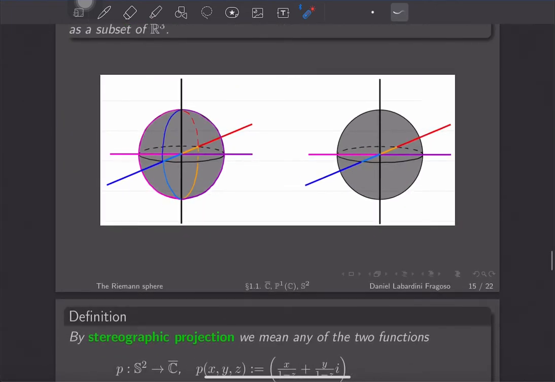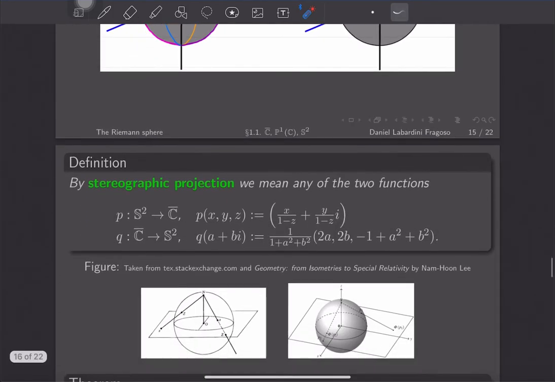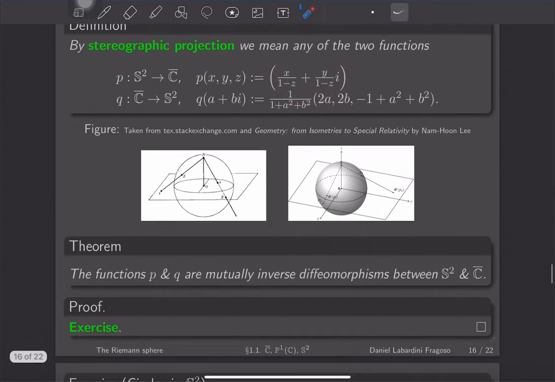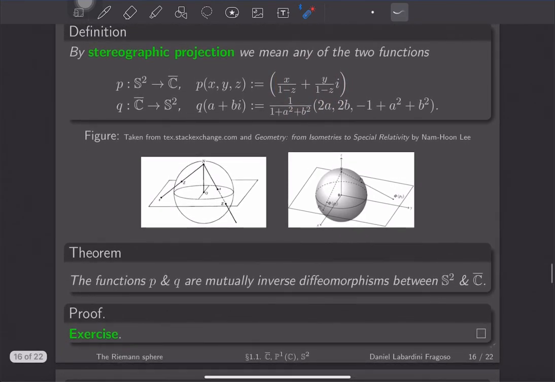So in projecting from the sphere to the plane, one goes from 3 variables in R3 to just a complex number, and finding this formula is actually very easy. I didn't write it as an exercise, but it is a very educational exercise to deduce this formula.